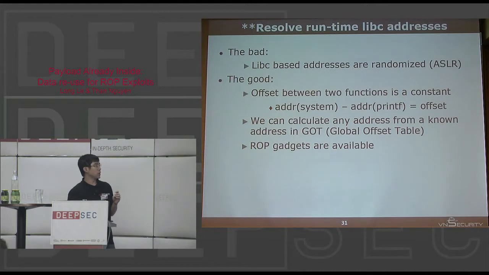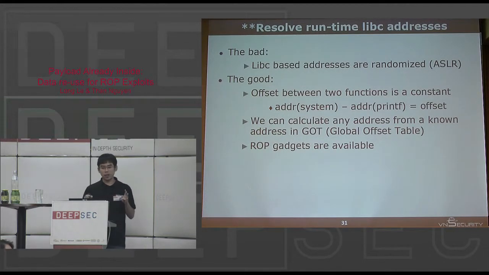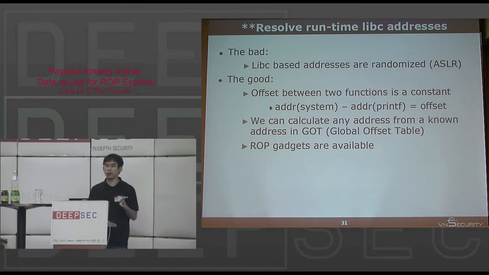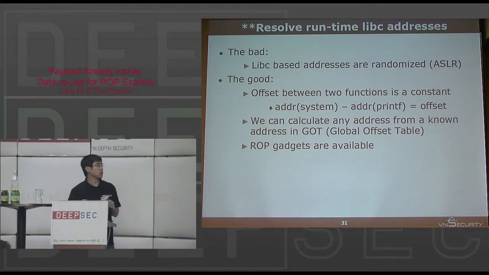So if I want to know the address of system, I can calculate the offset between printf and system, and from this I can just add the offset to printf, and I have the address of system.